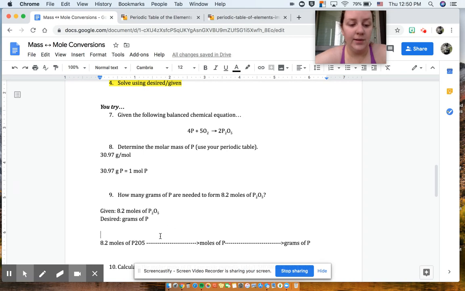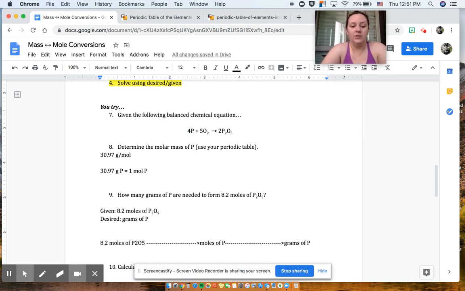Okay, so now I'm going to figure out how moles of P2O5 and moles of P are related. For that, I need my balanced chemical equation and the mole ratio between P and P2O5. For every 2 moles of P2O5, there are 4 moles of P. That's from the balanced chemical equation.